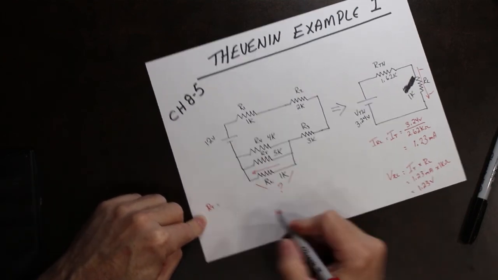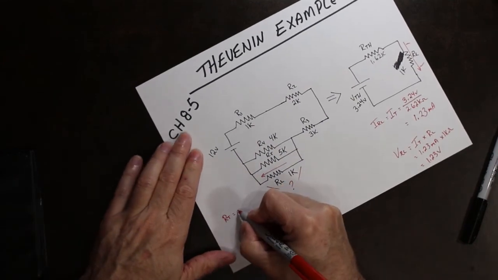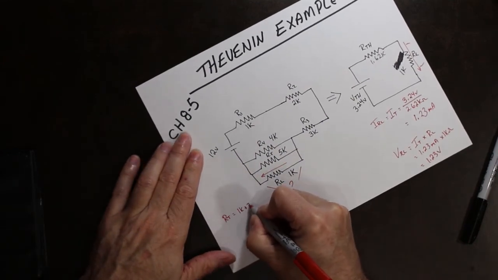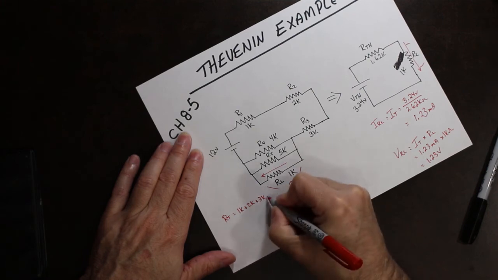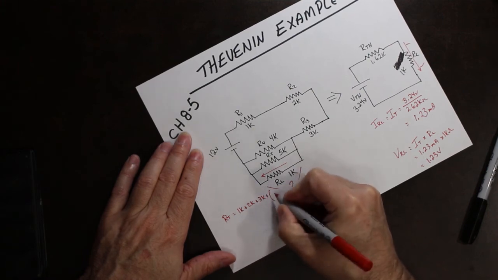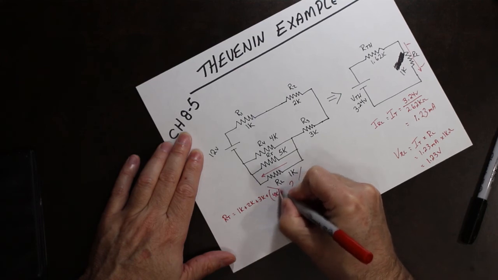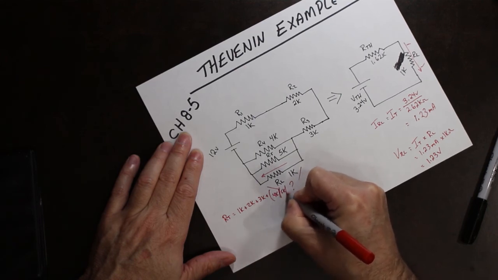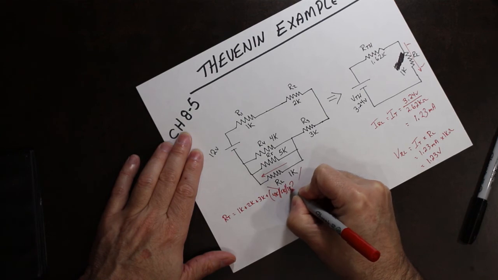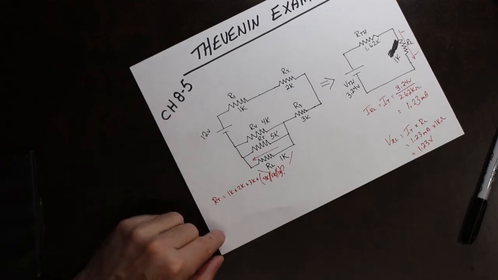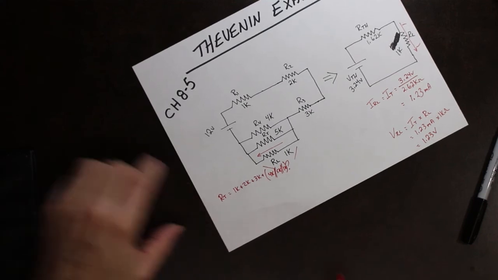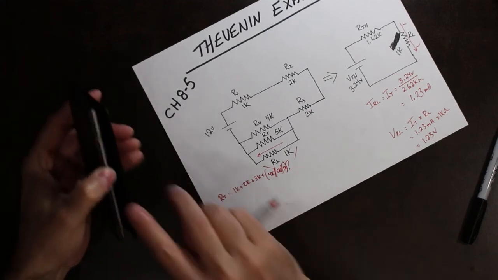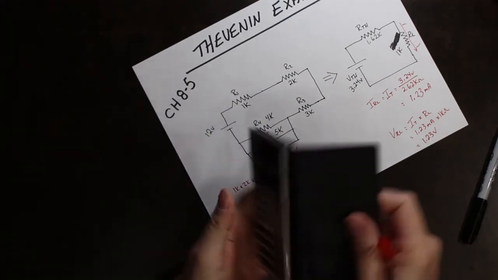So R total in this circuit is 1K plus 2K plus 3K plus 4K in parallel with 5K in parallel with 1K. So this is in parallel and all in series with that.